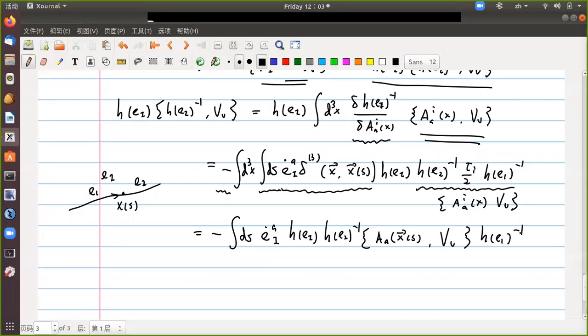All right, so as I mentioned, I put this tau half and this AAI together to get a matrix AA, and the matrix AA Poisson bracket with volume is a matrix, and then it is inserted in the middle between two H's.